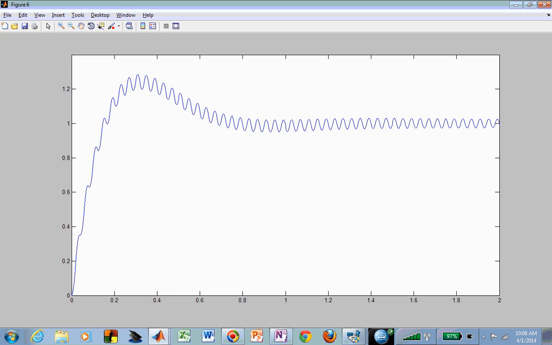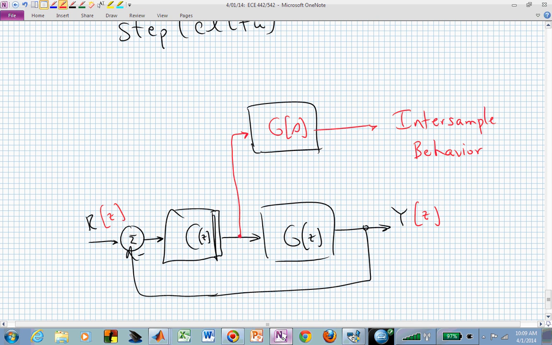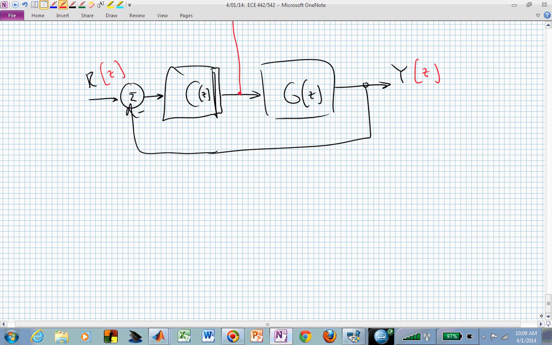So that's now what's happening to our system. Now what we need to figure out is what actually is happening.